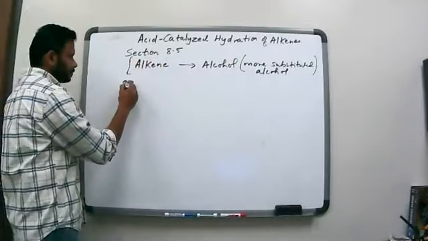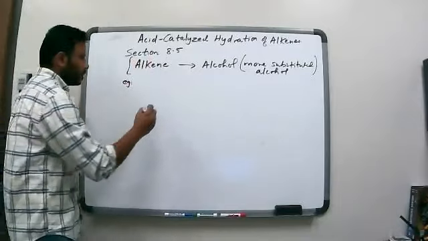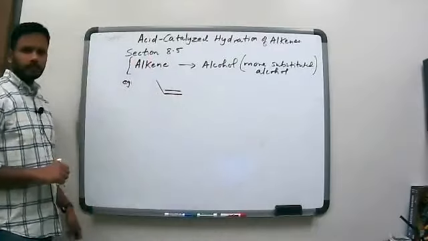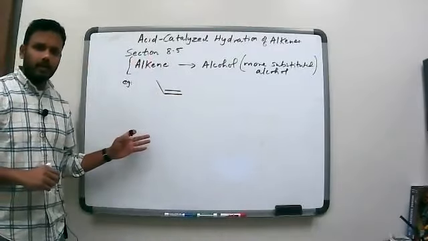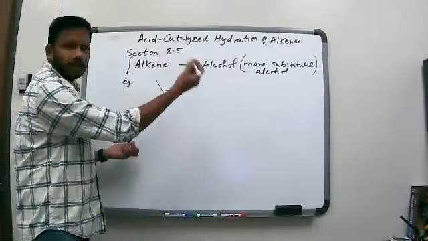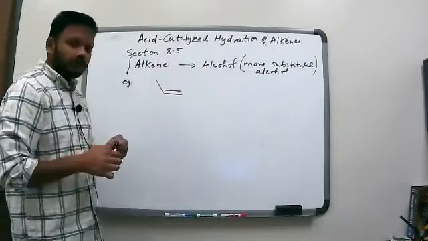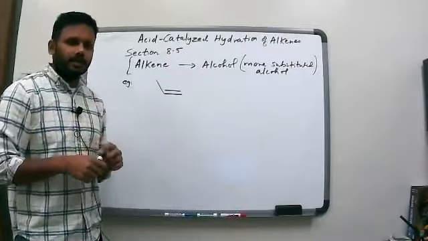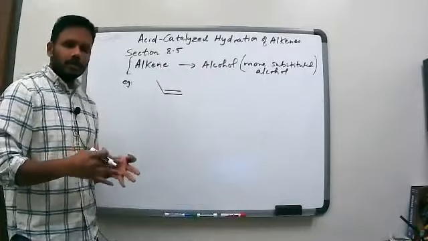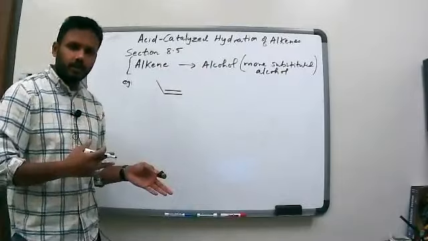As an example, let's say we have an alkene molecule. We are doing a hydration, which is the reverse of the dehydration that we talked about in chapter 7. When we went over dehydration, I said this is a reversible reaction.